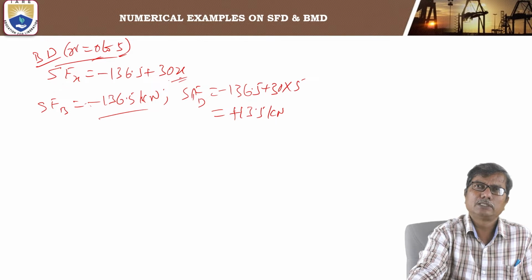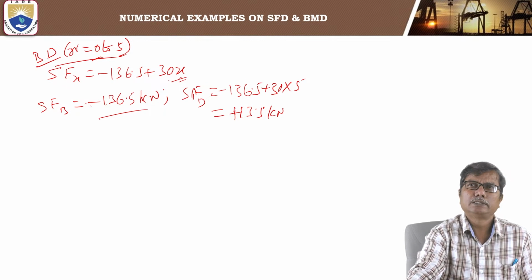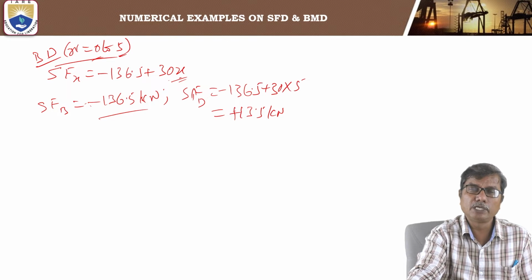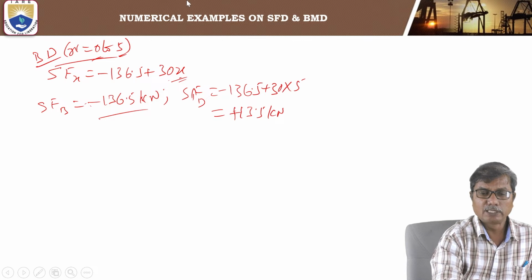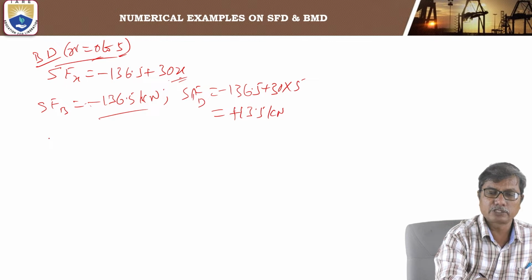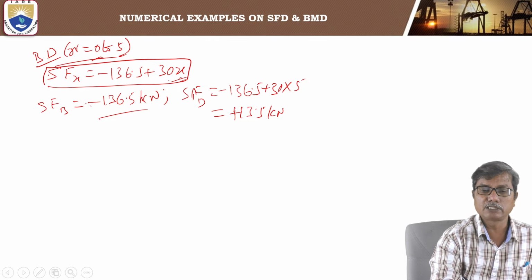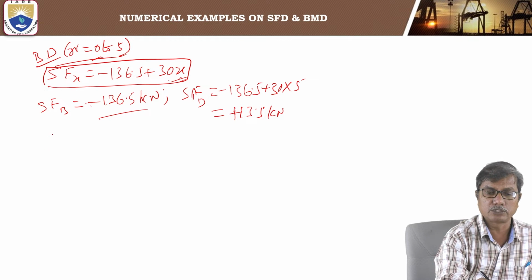What does that mean? In between it is changing sign. The shear force becomes 0 in between B and D at some point. And that point where the shear force becomes 0 is obtained by equating this shear force to 0.